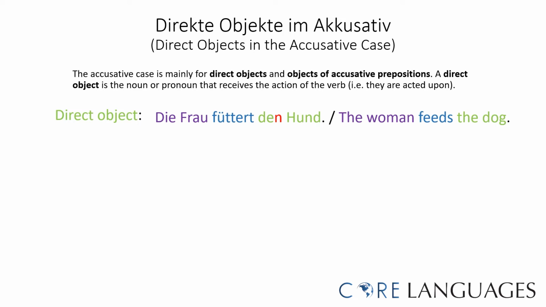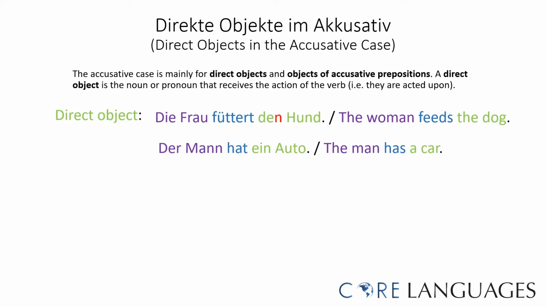The woman feeds the dog. In this example, der Hund, which is a masculine noun, is the direct recipient of the feeding that is performed by the woman, die Frau. It is in the accusative case. Der Hund changes to den Hund.